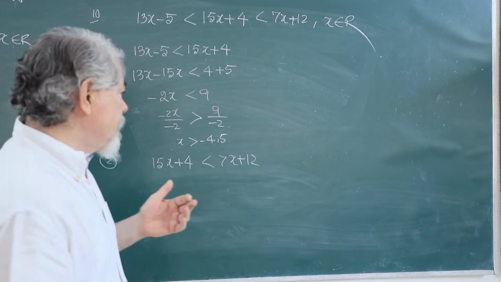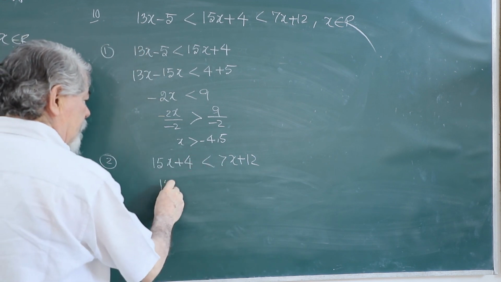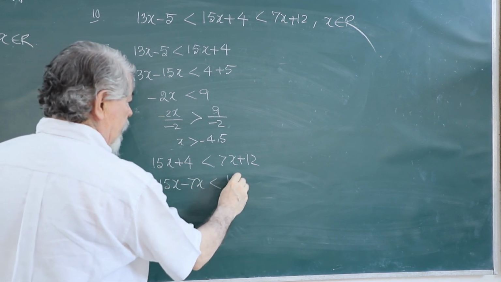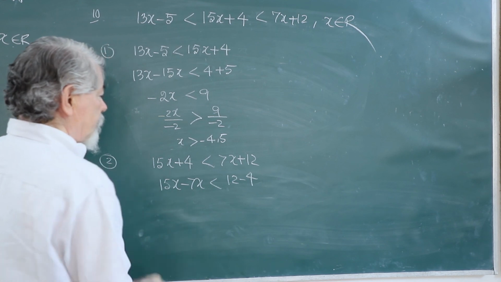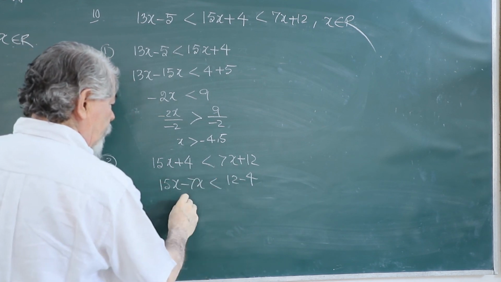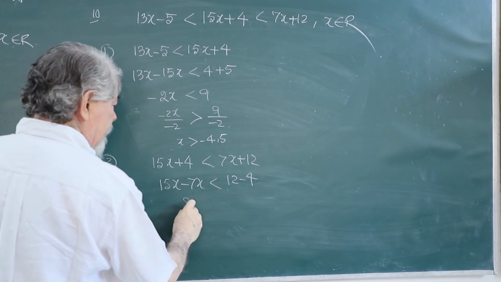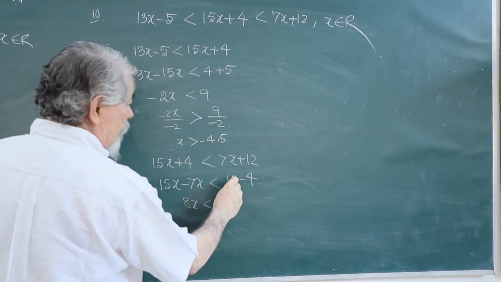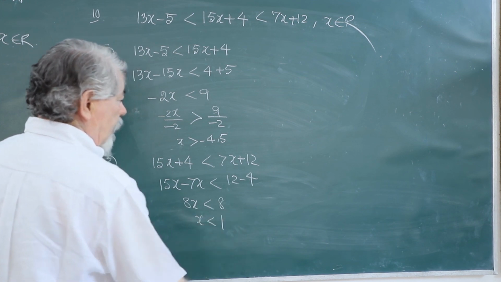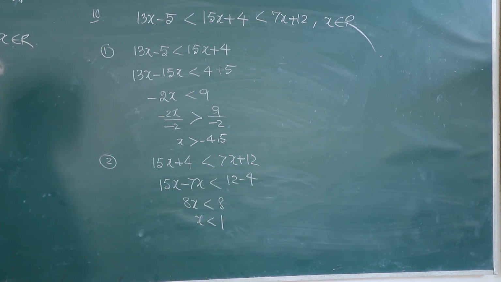So let us write 15x minus 7x is less than 12 minus 4. 15 minus 7 is 8x is less than 12 minus 4 is again 8. X is less than 1.